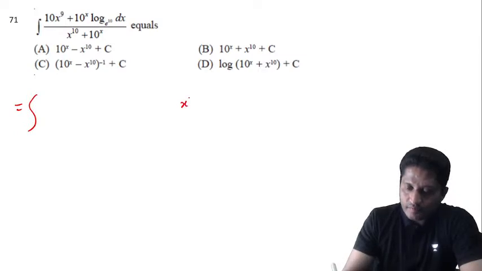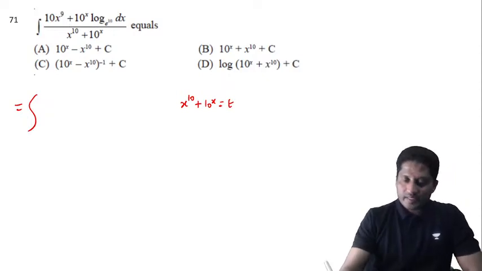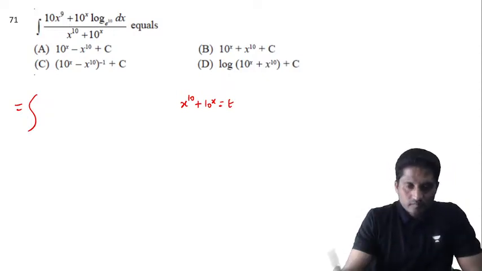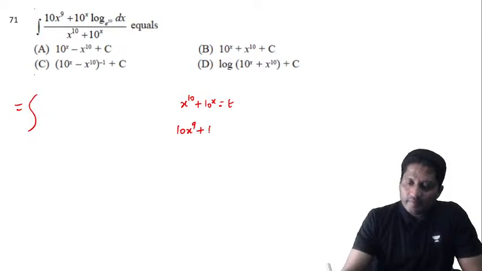I put x to the power of 10 plus 10 power x is equal to t. Differentiation of x power 10 is 10 x power 9, right? And of 10 power x is 10 power x into log 10 to the base e.